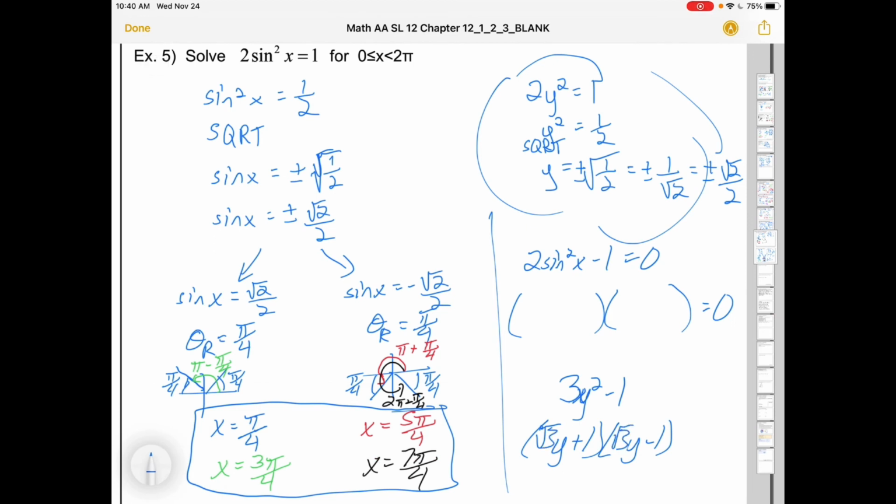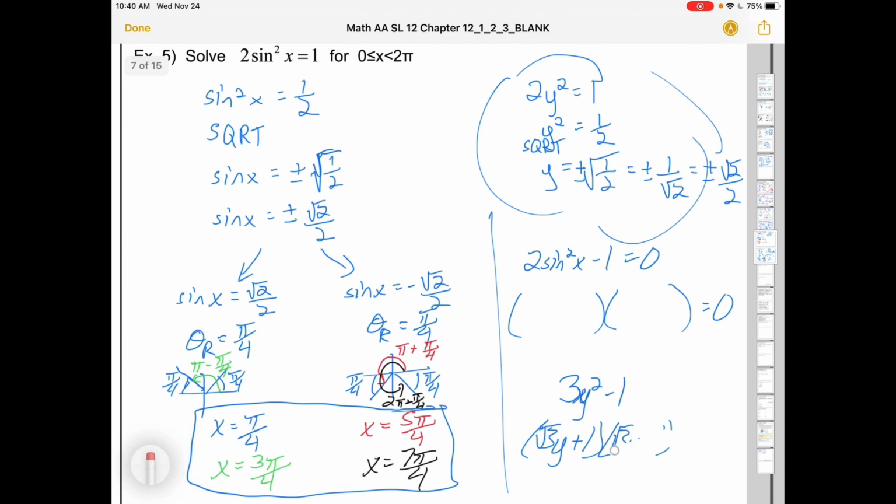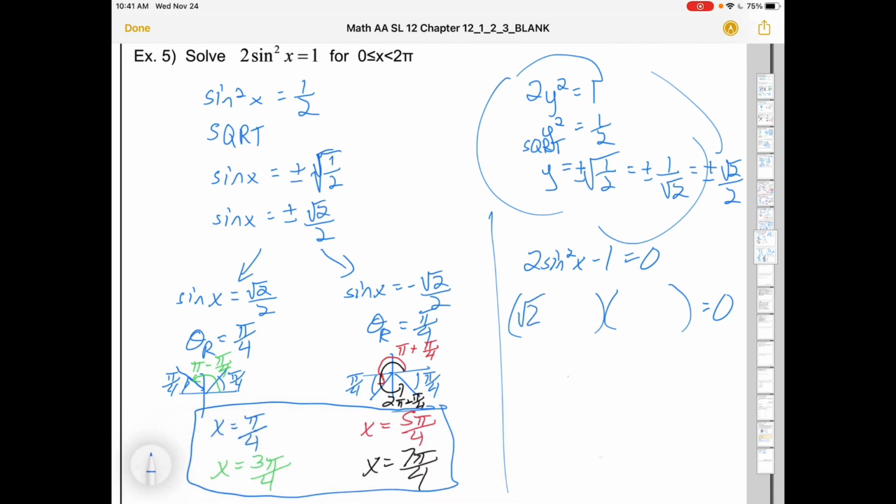Okay, so 3y squared minus 1 would be root 3y plus 1, root 3y minus 1. I don't think this is the slickest way to do this problem, but if we wanted to factor this trig one, we could say, all right, well, it factors as root 2 sine x plus 1 and root 2 sine x minus 1.